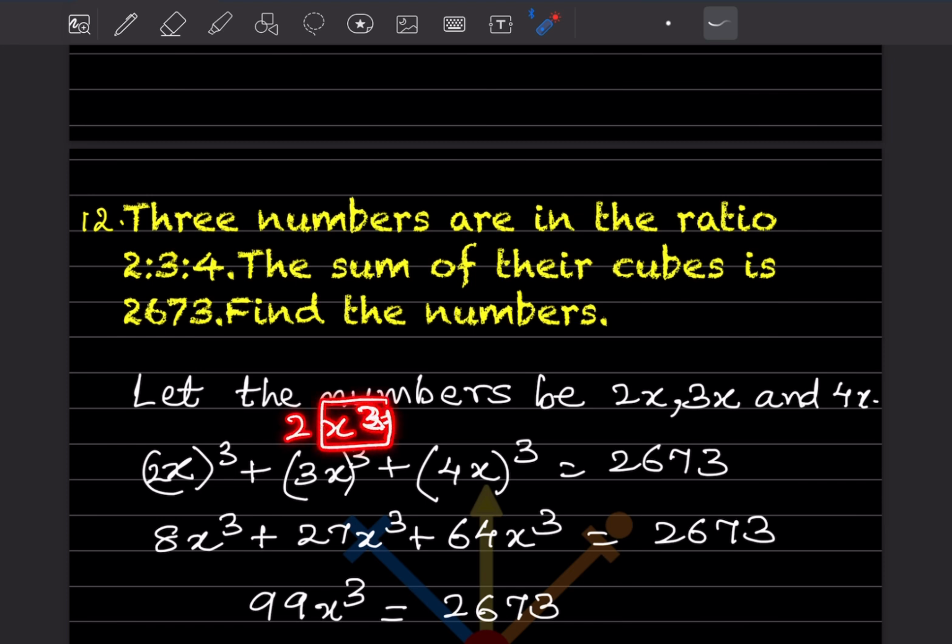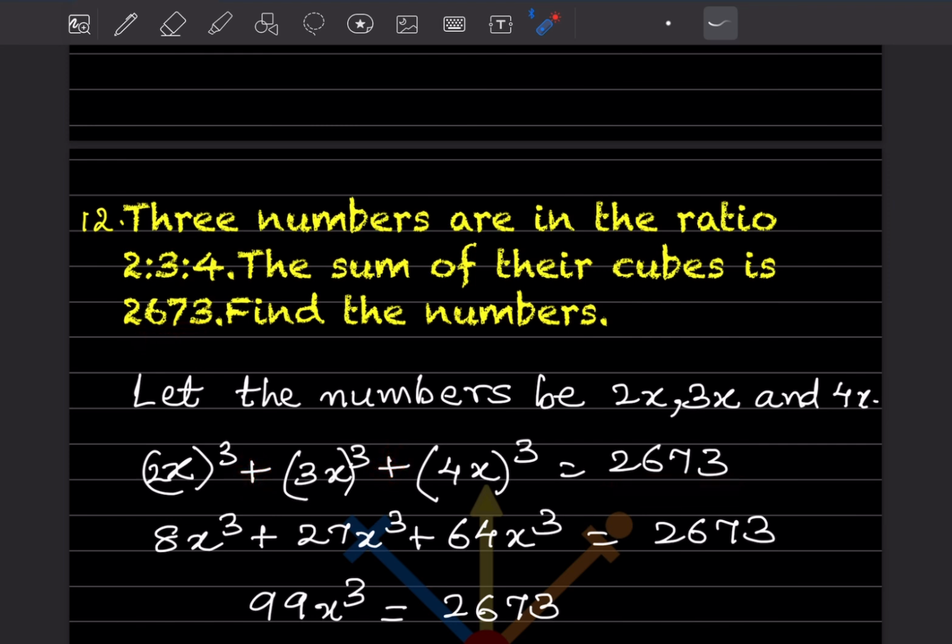When we put a bracket, it shows that the cube is for the number as well as x. So the bracket is very important, and just writing without it is wrong. So 2x whole bracket cube plus 3x whole bracket cube plus 4x whole bracket cube, that is given as, because the sum is given, 2673.